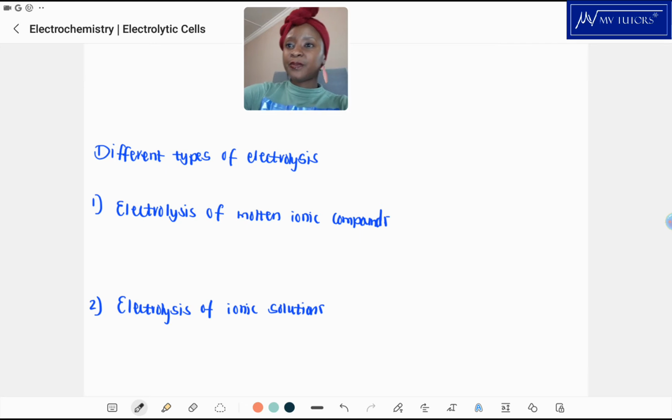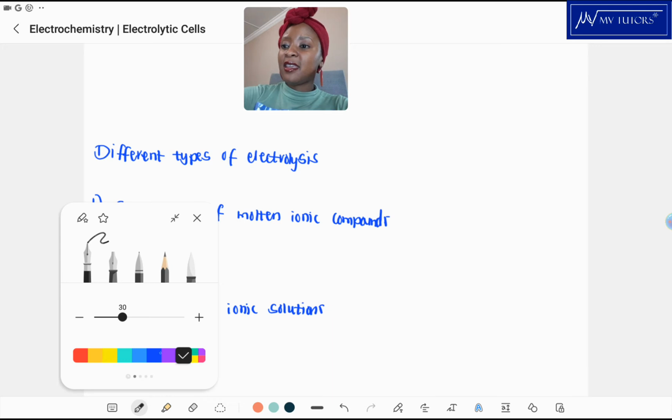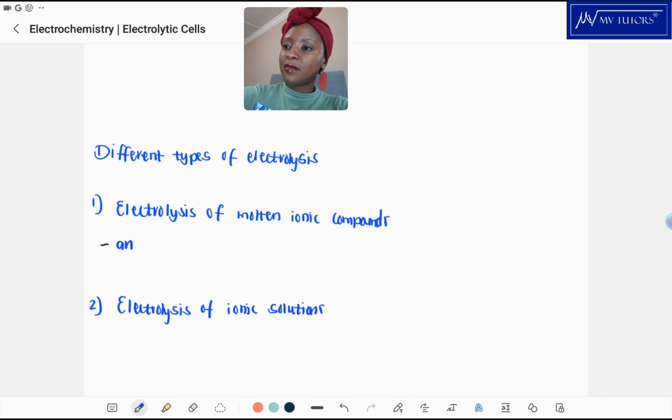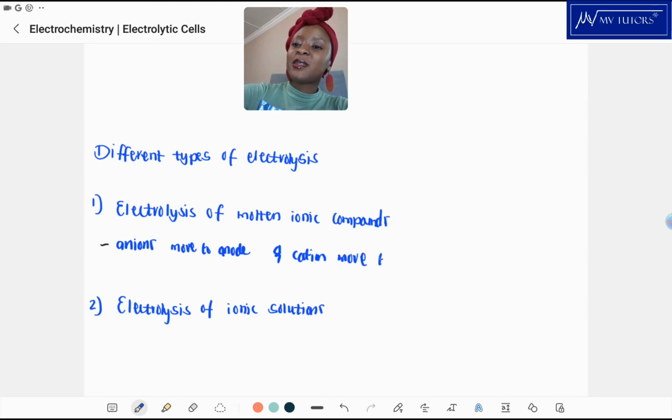So negative ions, which are the anions, move to the anode, where they are oxidized, and the cations migrate all the way to the cathode to be reduced.